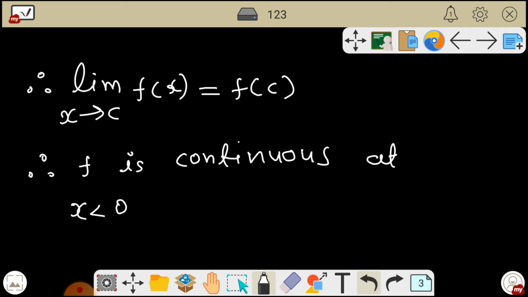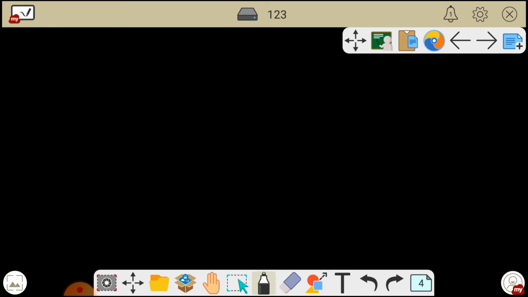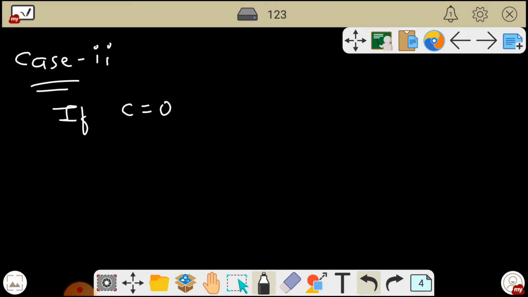Now let us check for x is equals to 0. So if we are selecting a point which is C is equals to 0, now our second case is if C equals to 0, then f of C is equals to 0 as our function is defined.